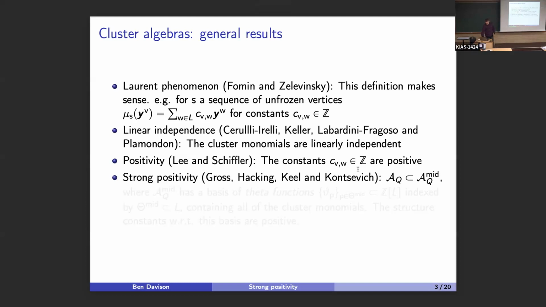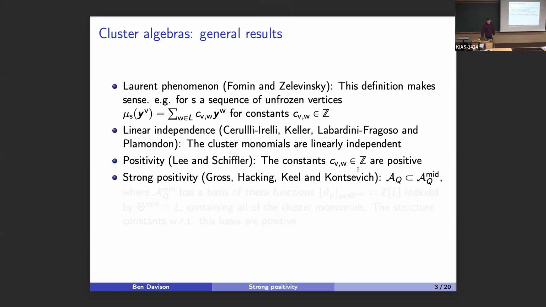And this one brings us even closer to the topic today. This is something called strong positivity. It's called this because, up to a couple of lines of extra work, it implies positivity.